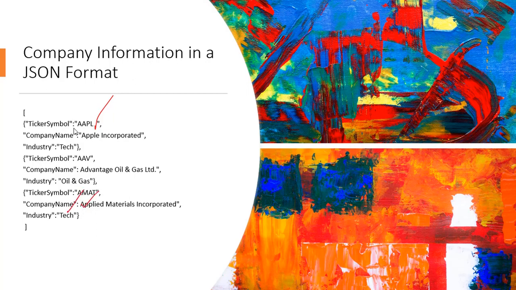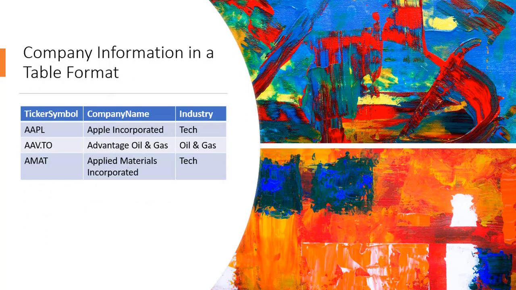So that's what information will look like in JSON. You see the square brackets. Each individual row is mapped to curly braces or an object. Here is the same exact data in a table format, but it's much easier to transmit that JSON than it would be to do it in a table.